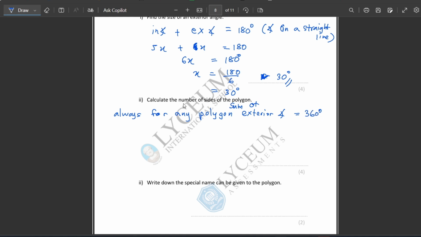So if we know the value of the exterior angle, we can find the sides of the polygon. How can we do that? Number of sides of the polygon equals 360 divided by 30. So this is 12. We have 12 sides.